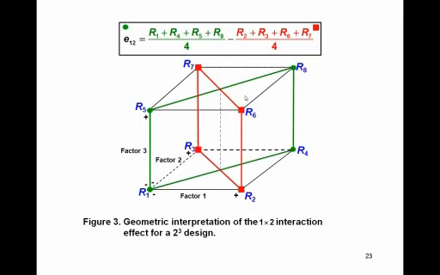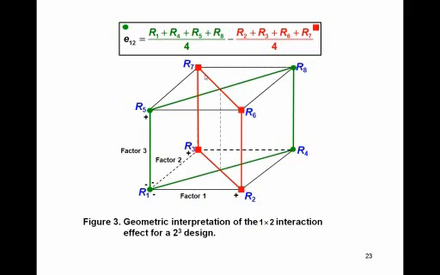And if we look at the plane slicing through this cube, namely the green plane, we have 4 responses, 1, 5, 8, and 4. And if we take the average of those 4 responses, and by the way, for each of the responses on that plane, the 2 factors are at the same level.